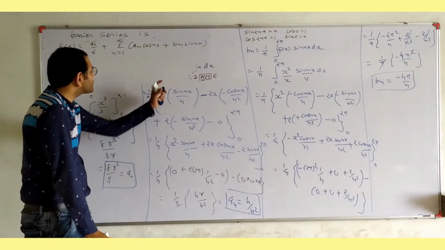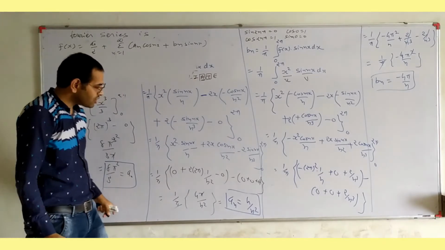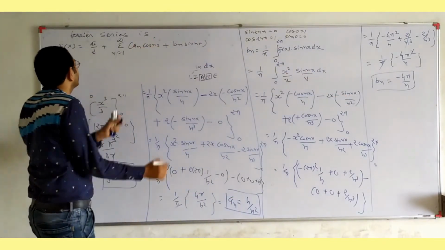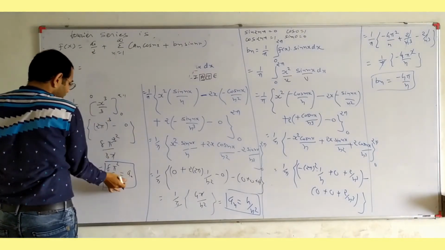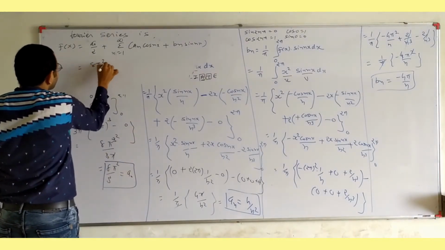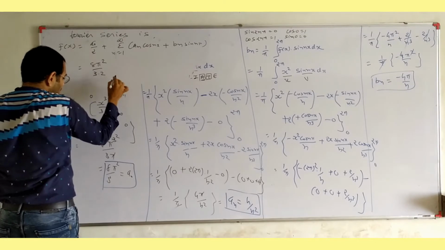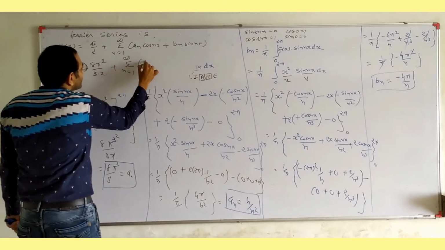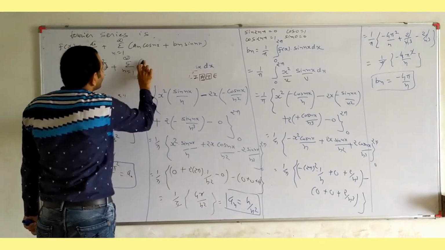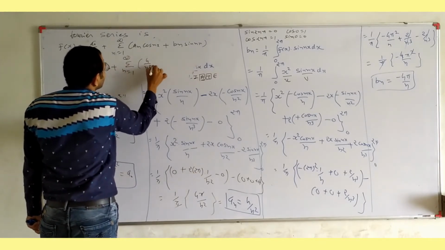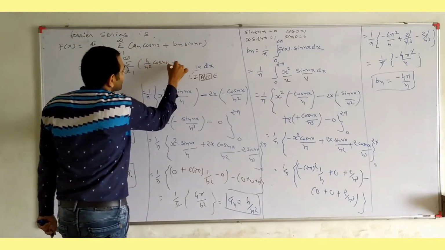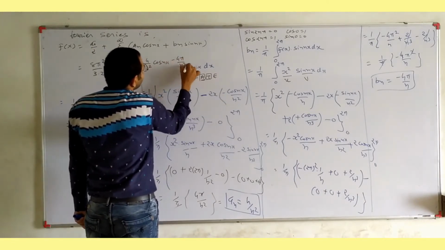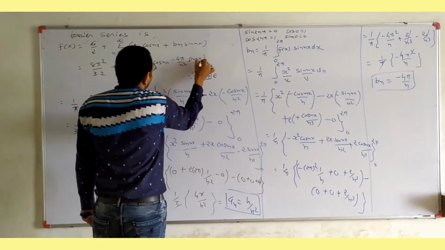Now substitute the Fourier coefficients a0, an and bn in this equation. Then the value of a0 is 8 pi square by 3, into 2, plus summation n equal to 1 to infinity, the value of an is 4 by n square cos nx, and the value of bn is minus 4 pi by n square sin nx.